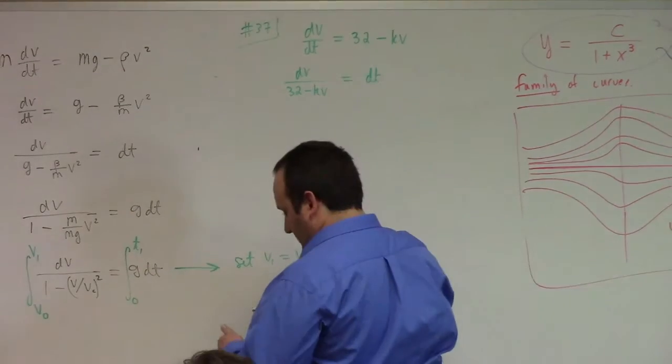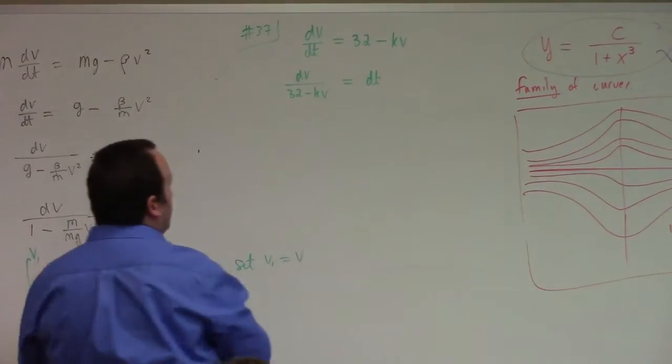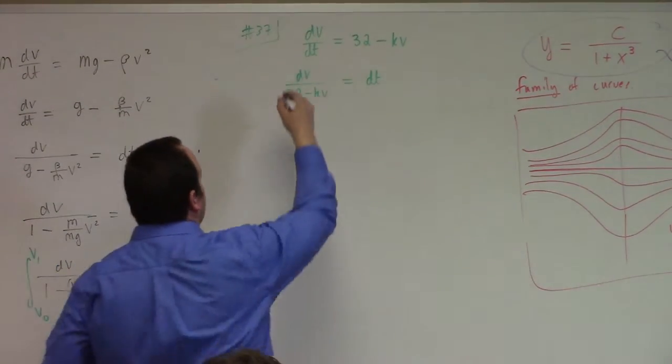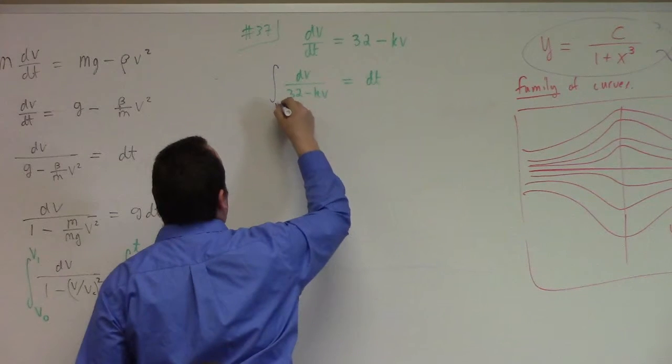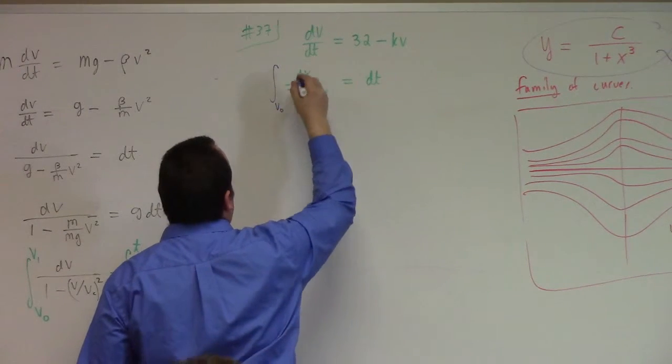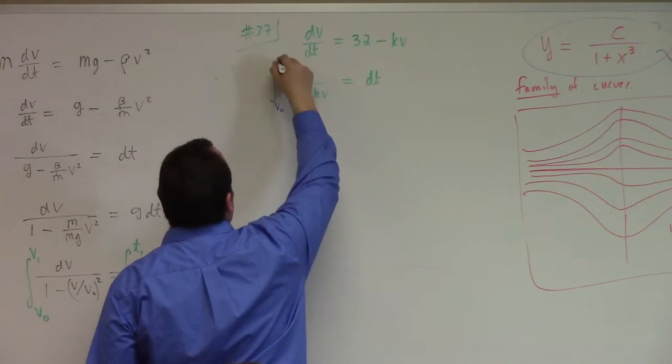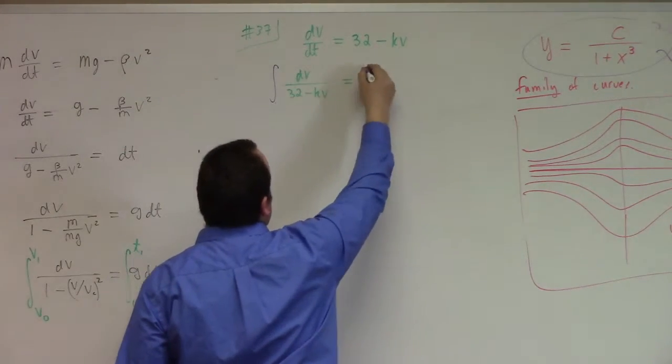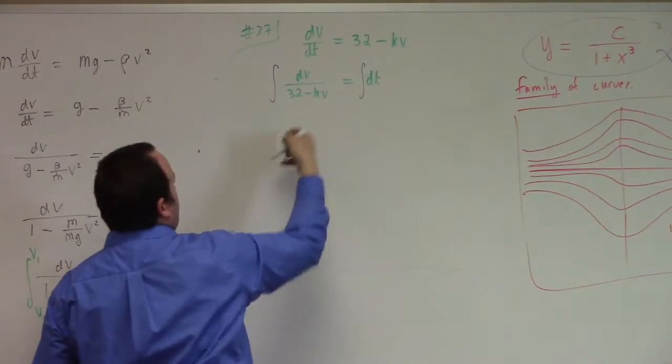Right? And then I guess what I would do would be to integrate, say, from V naught, right, to, I guess I just integrate both sides, and then, so what's the integral of this?